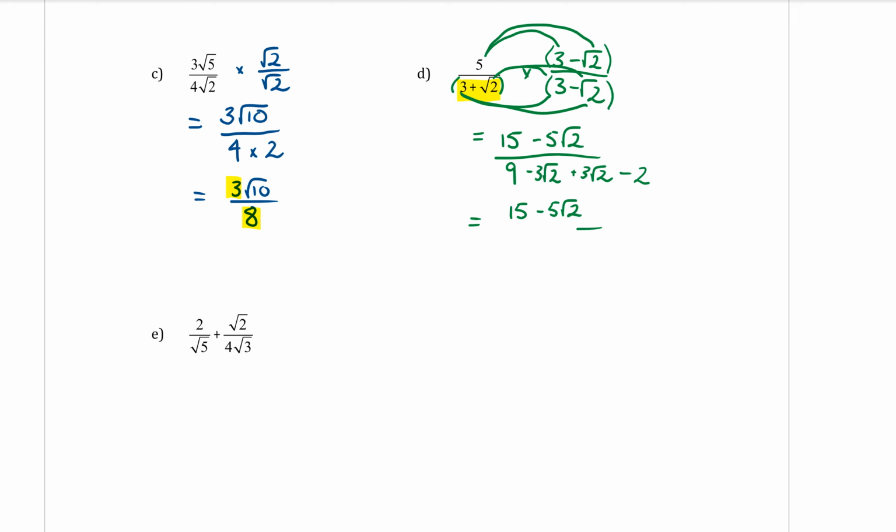On the bottom, see how we have minus 3 root 2 plus 3 root 2? They will cancel out, and they should always cancel out, which is how our surds disappear from our denominator. Because all that's left then is 9 take away 2, which is 7. Okay, so instead of doing the full FOIL expansion, we could have just done the first ones to get that, and the last ones together to get that.